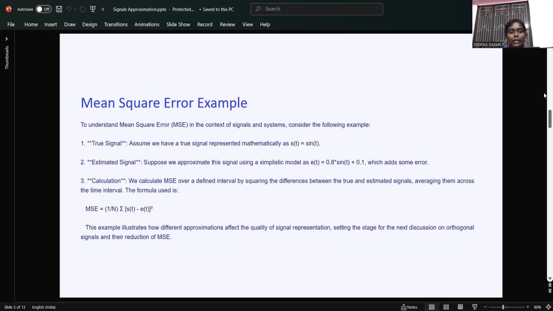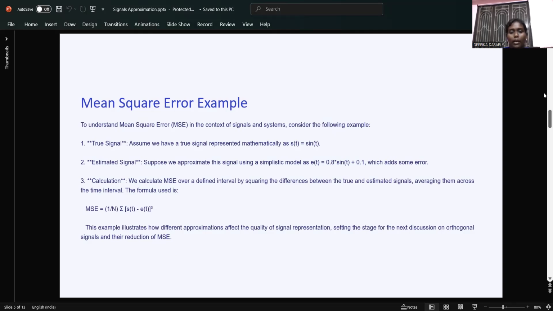And here is a basic simple example on mean square error. To understand mean square error in the context of signals and systems, we consider the following example. We can assume a true signal, which can be mathematically represented as S of t is equal to sine t. And the estimated signal can be represented as E of t is equal to 0.8 into sine t plus 0.1, which has some error.